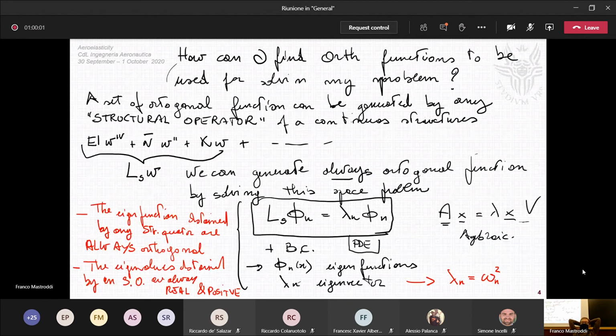For any homogeneous elastic body, these eigenfunctions and these eigenvalues correspond, for a continuous elastic body, to the concept of mode of vibration. These quantities are, for a mass-homogeneous body, exactly the physical concept of mode of vibration, and the corresponding lambda are the square of the so-called radian frequency of vibration. Okay?